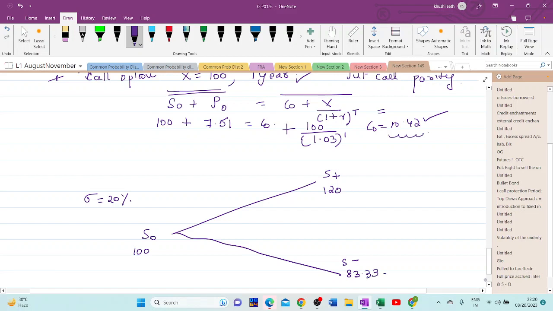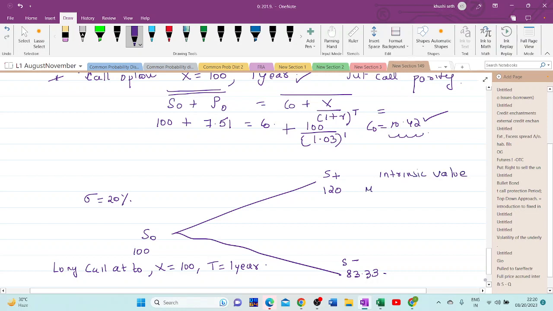So say that I've gone long on a call option at time 0. I go long on a call at T0, and this call has a strike of 100 and it expires in 1 year, right. So if the price of the underlying increases to S plus, that is if it increases to 120, what's going to be the intrinsic value of the call in 1 year?